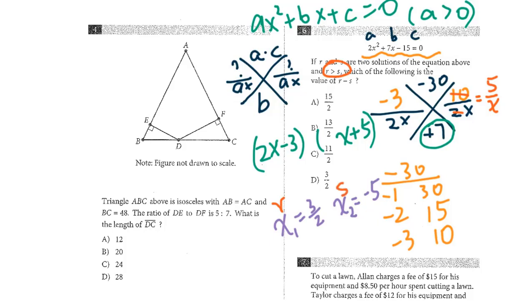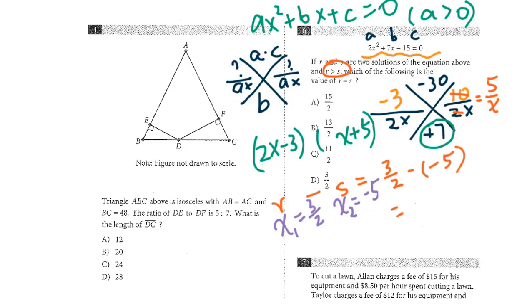Then r minus s will be 3 over 2 minus negative 5. That's 3 over 2 plus 5. 3 over 2 is 1.5. 1.5 plus 5 will be 6.5. See which one will be equal to 6.5. That's B, the answer.